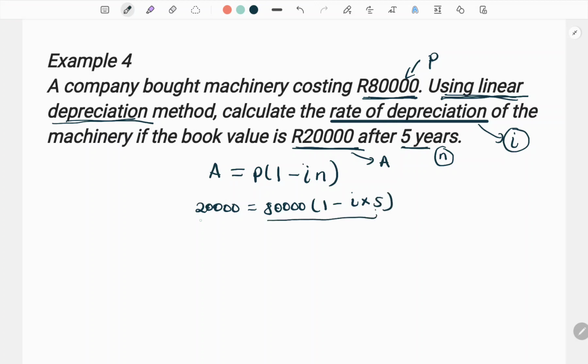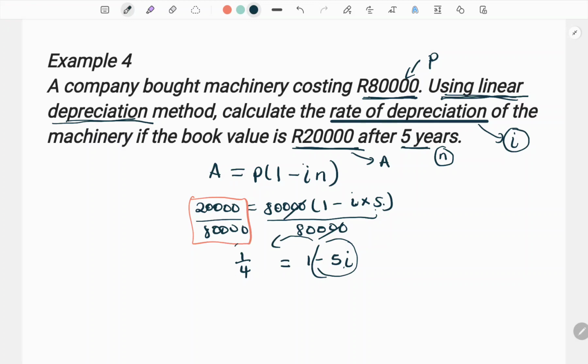Then you divide both sides by 80,000. It cancels. Then you remain with 1 minus 5i, since i times 5 is 5i. Then when you punch this in your calculator, you are going to get 1 over 4. Then you transpose the 5i to the other side, and the 1 over 4 to the other side. Then it's going to be 5i is equal to 1 minus 1 over 4.